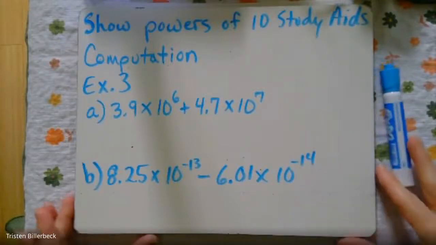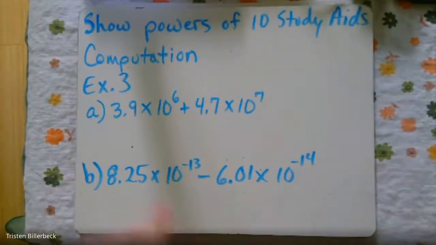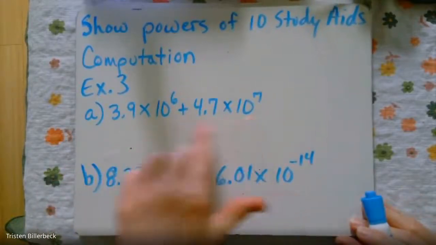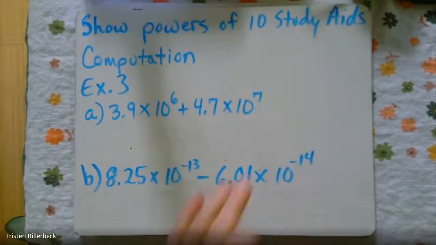Okay, so let's look at the computation. If I'm adding this, one thing I see is I have different magnitudes right here, so I need to get this in the same magnitude.